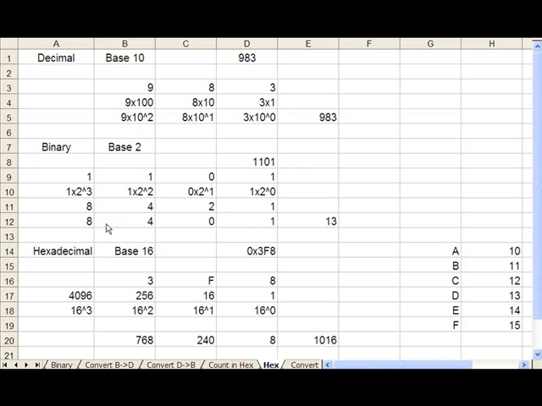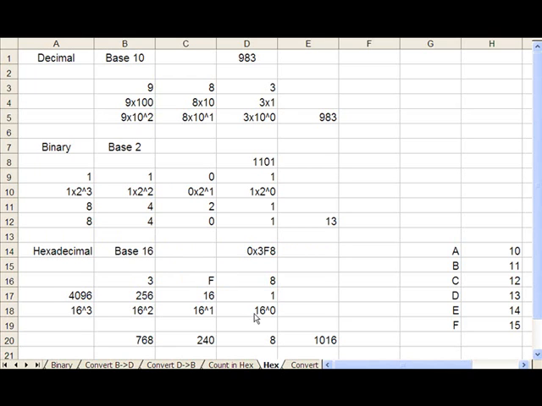So if we add these up, 1101 in binary turned out to be the equivalent in decimal of the number 13.